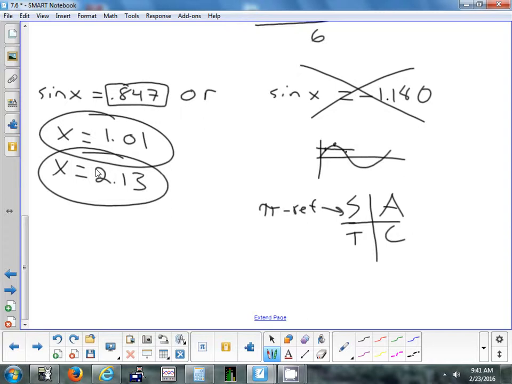And the directions in quadrant 2 is to take your answer and subtract it from pi. If you were doing it in degrees, you'd subtract it from 180. If you're in quadrant 3, you're adding to 180. In quadrant 4, subtracting from 360. It takes a little practice to get used to them.